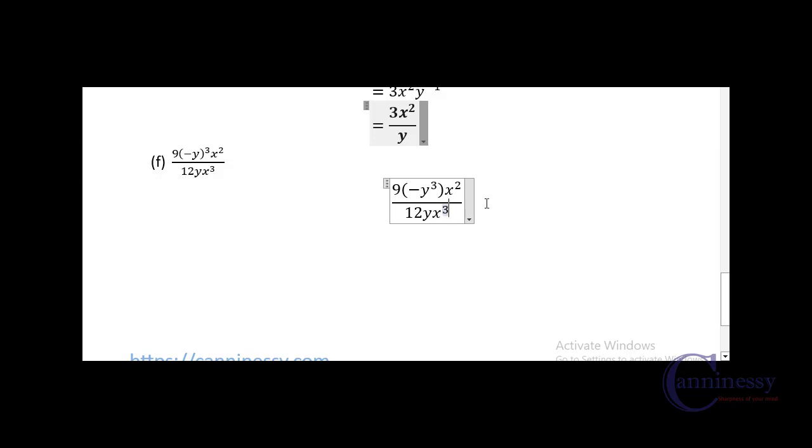so then now here we have 9 multiplied by negative. So remember, now let's deal with the product of the sign.